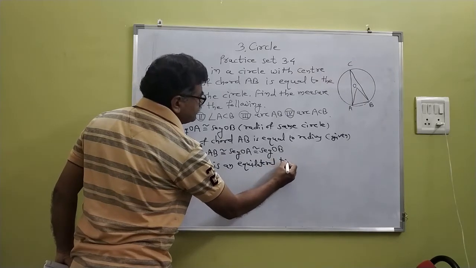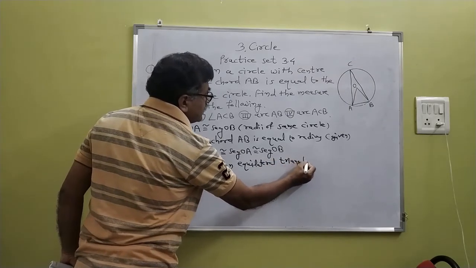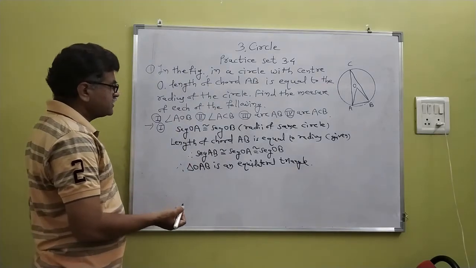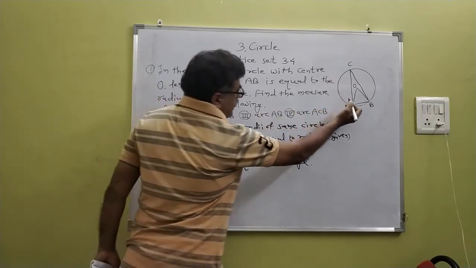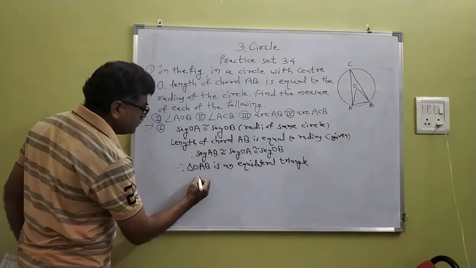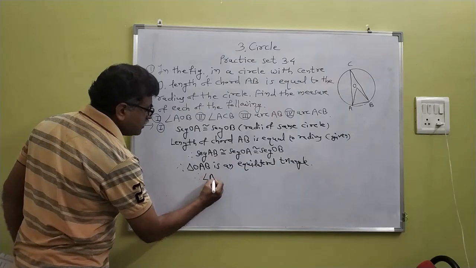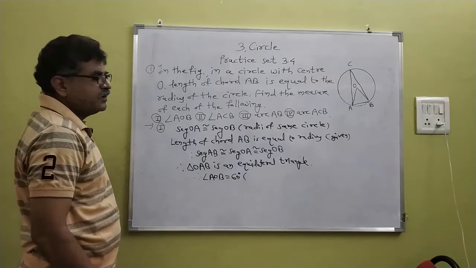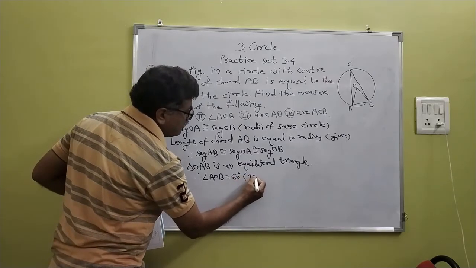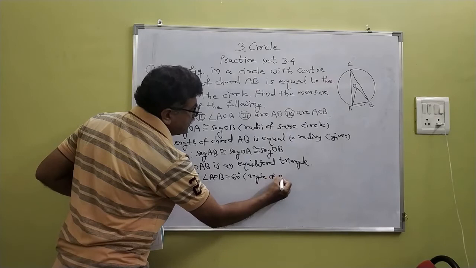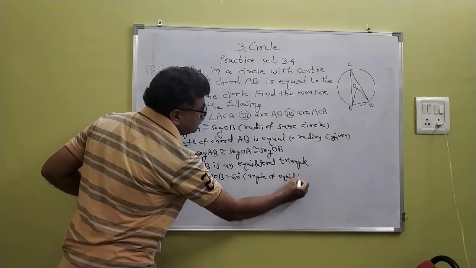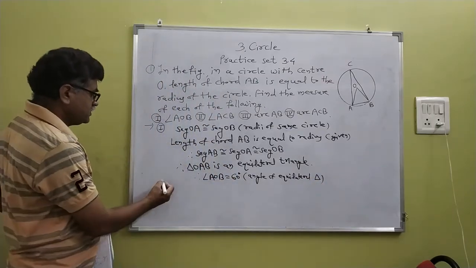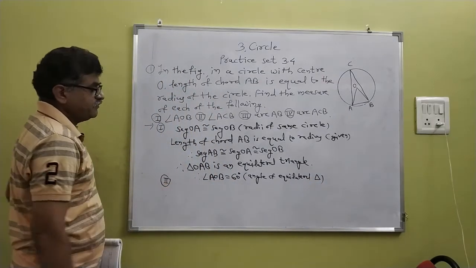And we know that all angles of an equilateral triangle are 60 degrees. Therefore, angle AOB is equal to 60 degrees. This is first.